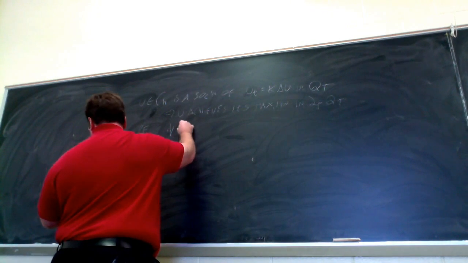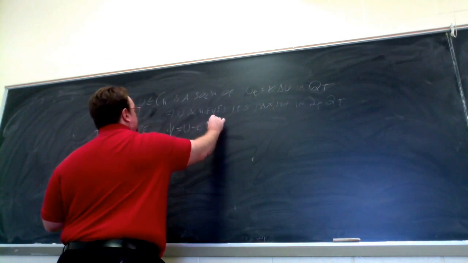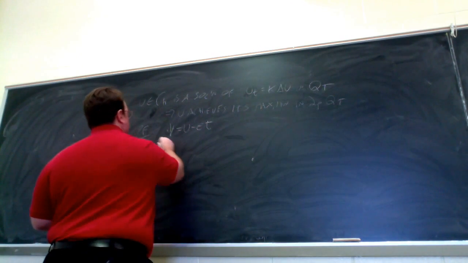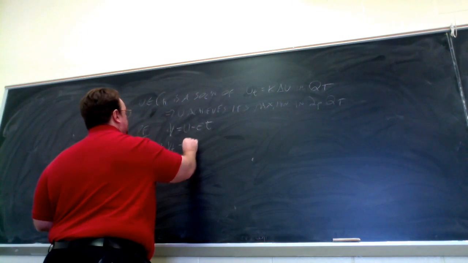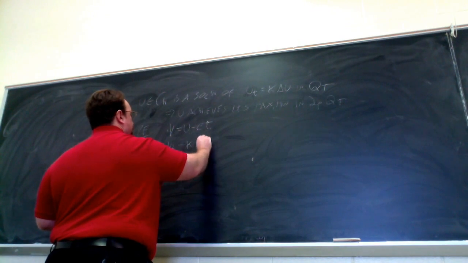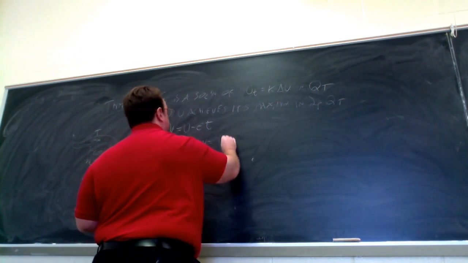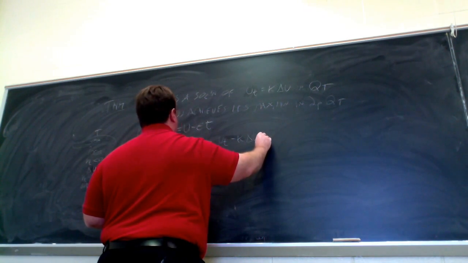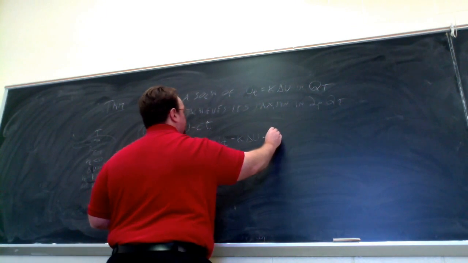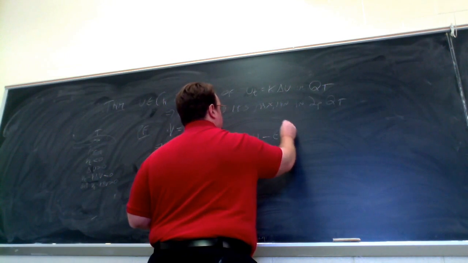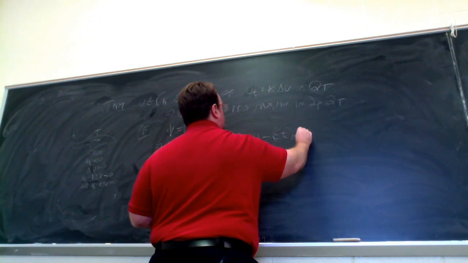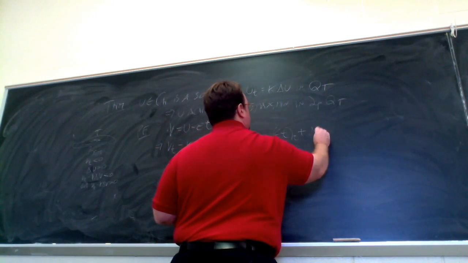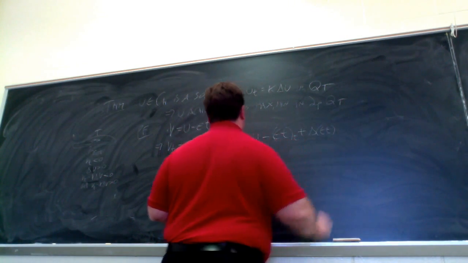I can let v equal u minus epsilon t. Then v_t minus k Laplacian v is u_t minus k Laplacian of u, minus d/dt of epsilon t, plus the Laplacian of epsilon t.